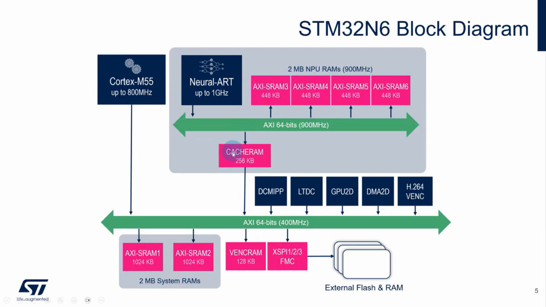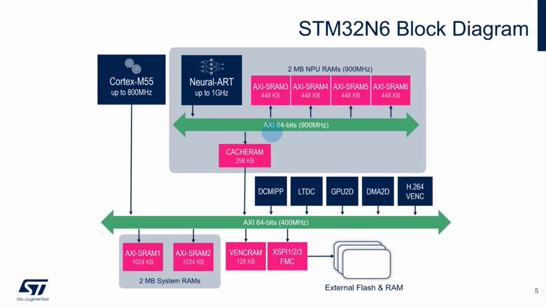And it also has a cache available to access the main bus. So the Neural-ART, you can see here, has privileged access to part of this 4.2 megabytes of internal RAM that is available on the N6.